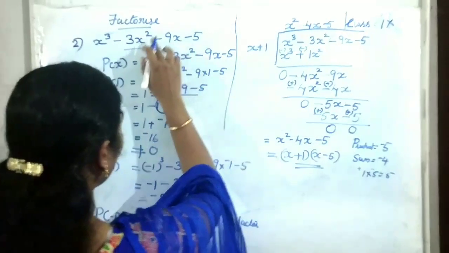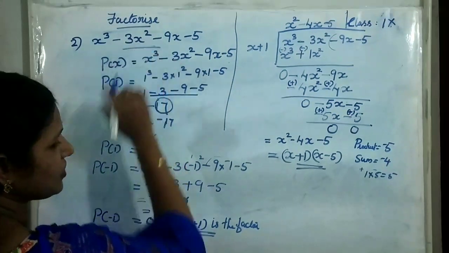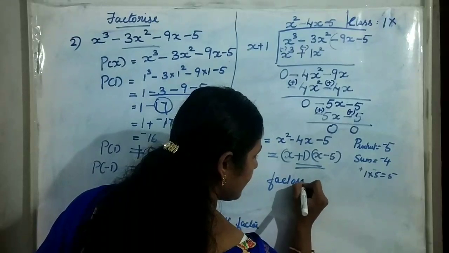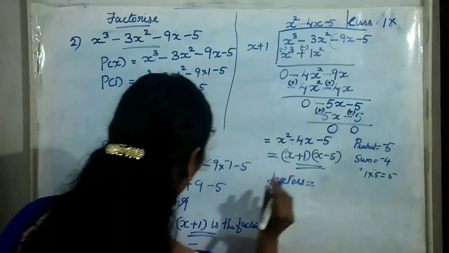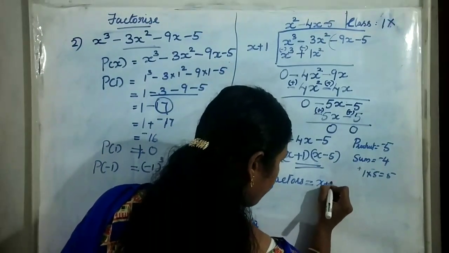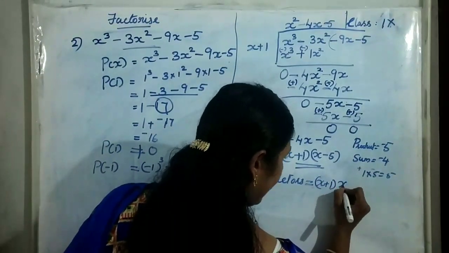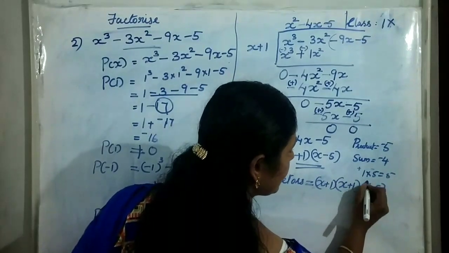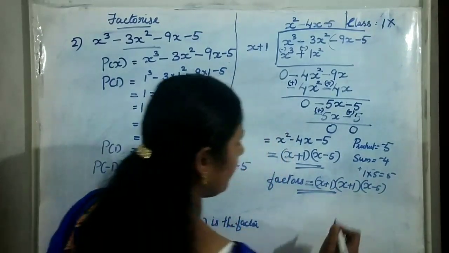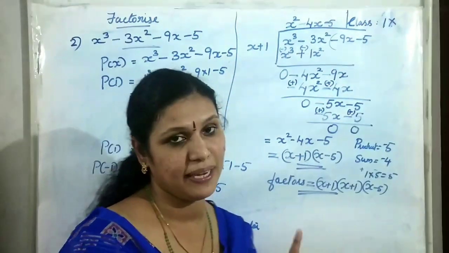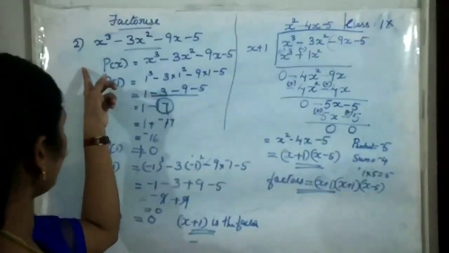Our question is to factorize this polynomial. So our final answer, the factors, are: the first factor x plus 1, again x plus 1, and x minus 5. Understood? x plus 1 and x minus 5. So this is the second question.